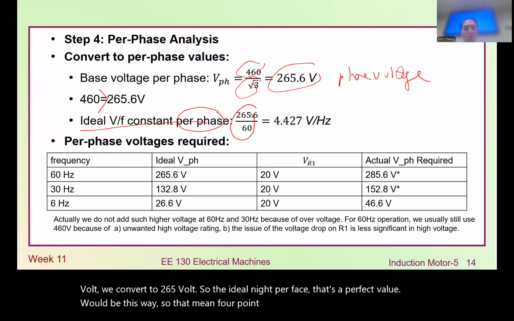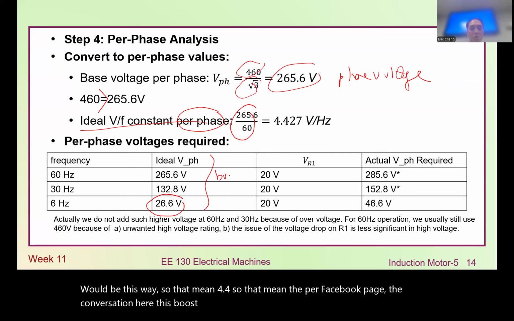So the per phase voltage compensation, this boost voltage per phase, will be roughly about 26 volt.